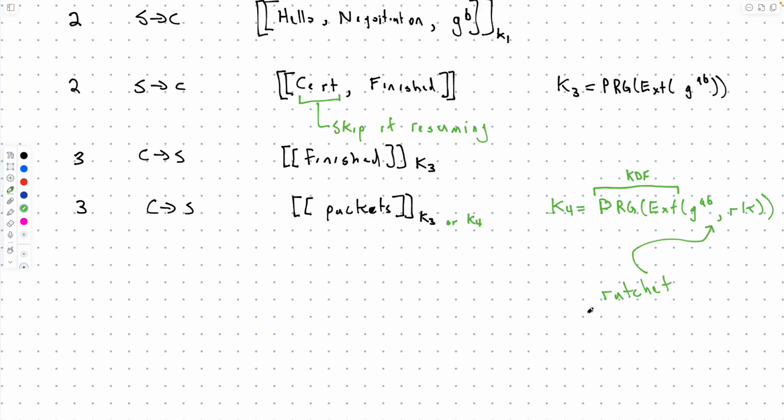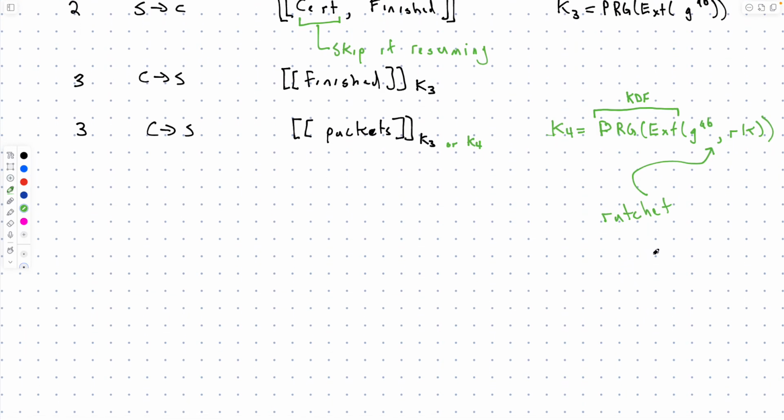I can sort of draw the picture. I'll call this a KDF here. This we sometimes call a chain key, just something that you remember. When you do a KDF, you put in the chain key, which is like what RK is, and your new Diffie-Hellman, and you get out a new chain key.